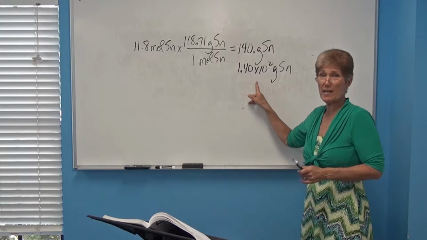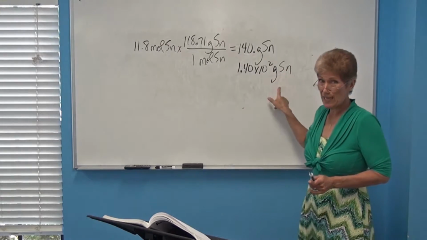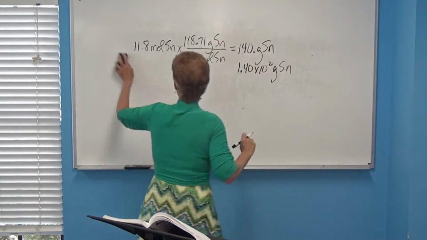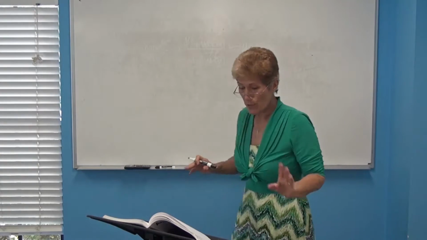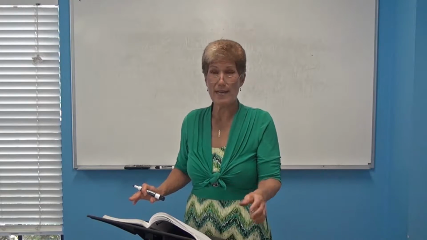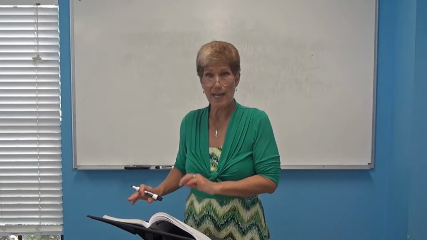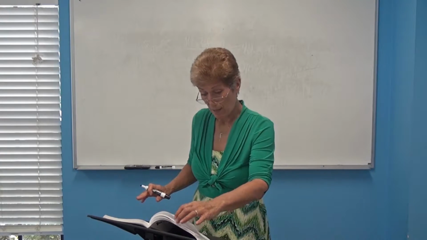If you don't have the right number of significant figures, you lose a point. And if you don't have grams of tin, you lose a point. And the whole problem's only worth 3 points. So you want to make very sure that you're doing those each time. If you didn't do that throughout the test, you want to stop this right now, go make sure that you did that, and then come back and finish grading the test. I don't want you to keep missing all these points because that part's too easy.